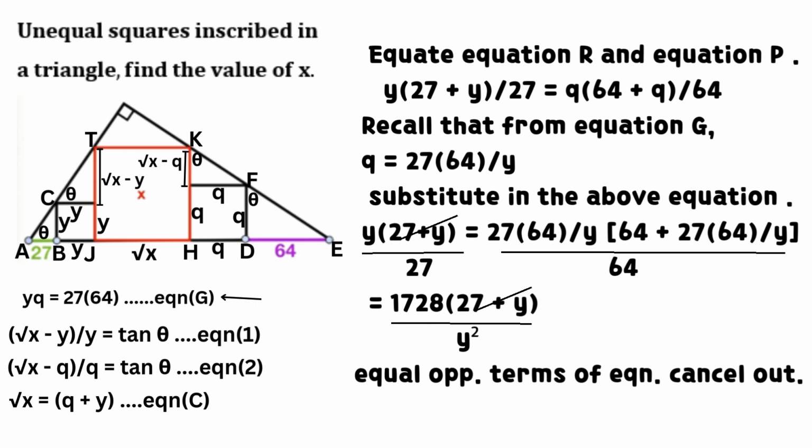such that y times the sum of 27 and y equals 1728 times the sum of 27 and y, all divided by the square of y. Equal terms on opposite sides of the equation cancel out.